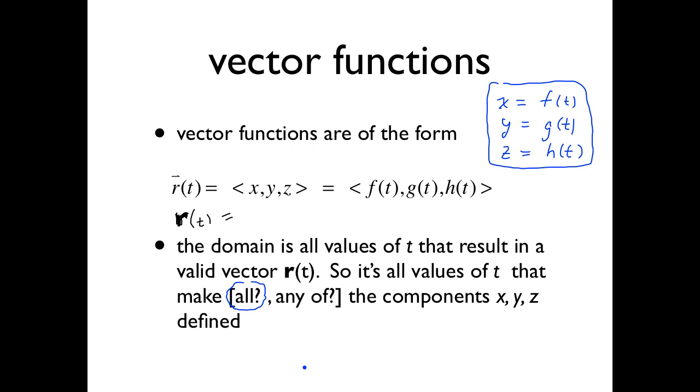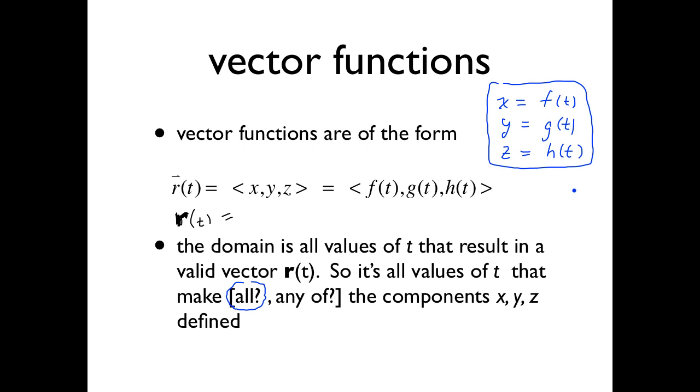So basically, it's just like the domain problems you did in pre-calculus, but you have to do it 3 times, and then you're going to take the union of the 3 domains, or you're going to take the intersection of the 3 domains. The union would mean all values of t, this or this or this. You need the intersection, right?